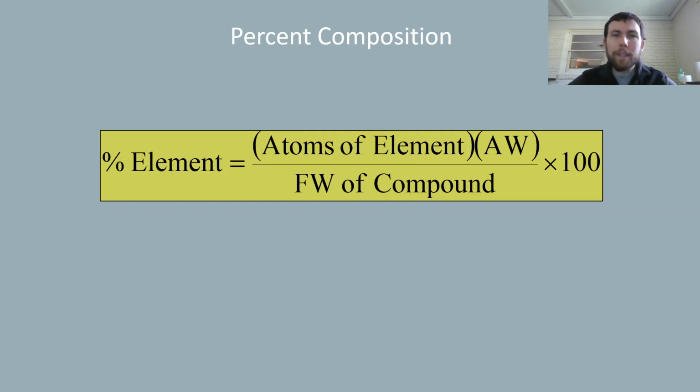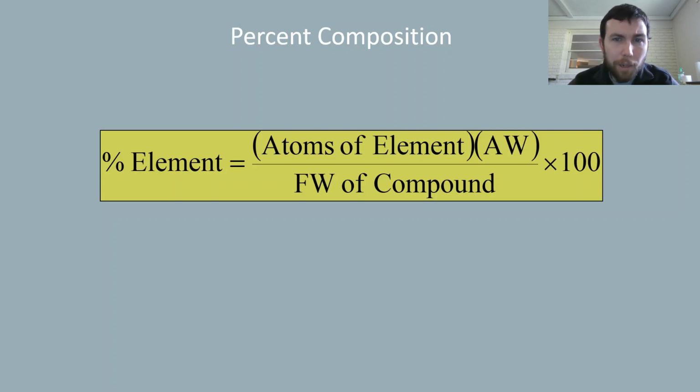Now, the empirical formula and all of that we looked at on the previous slide lends very nicely to looking at percent composition. This is a very common type of calculation that we would have to do, right? To determine the percent composition of an element within a compound, it's like it sounds: we would take the number of atoms that we have of that element and multiply it by the atomic weight of that particular element, so we just look at the periodic table.